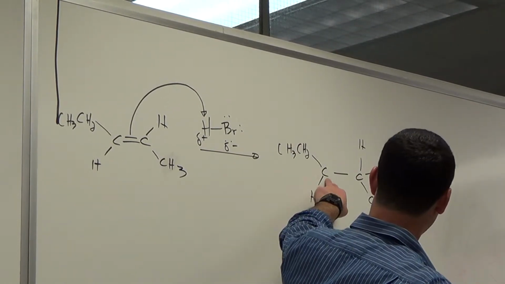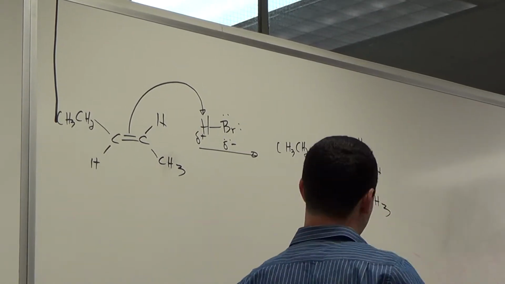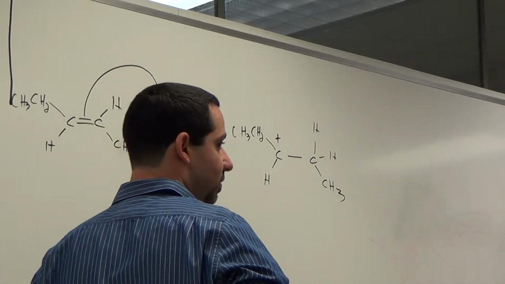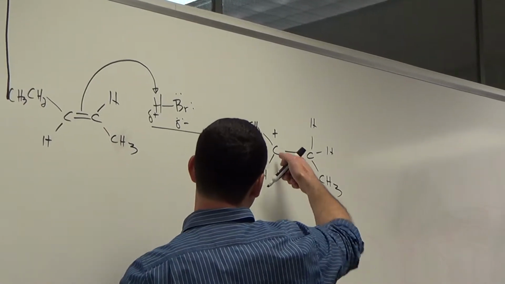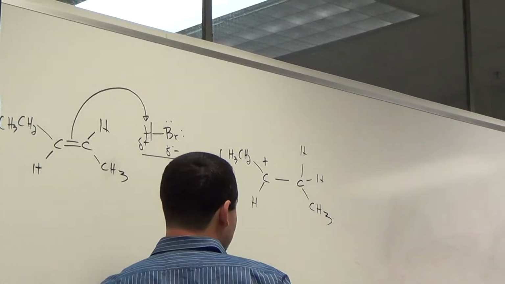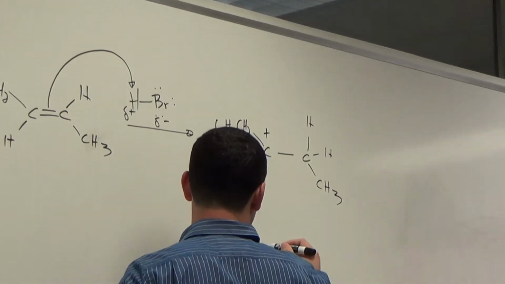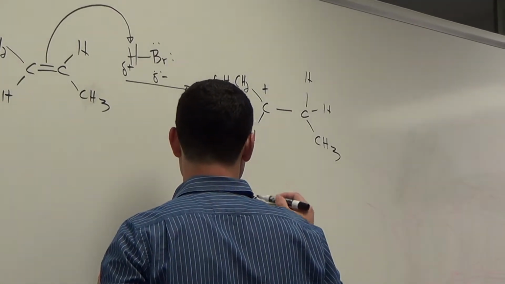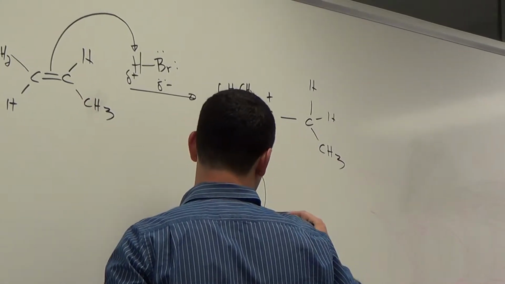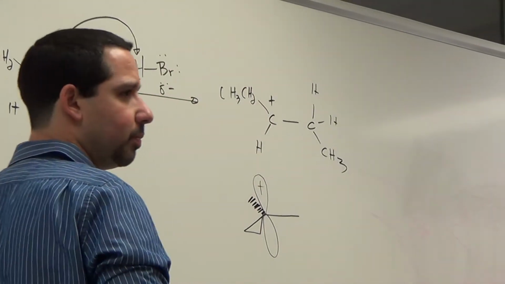What type of charge is this carbon going to have here? That is going to have a positive charge. This carbon is what geometry? Trigonal planar. So this is going to look like this. And this I showed last week too, yes?